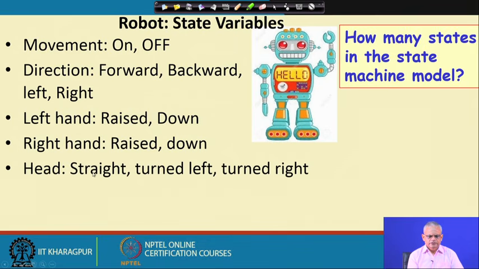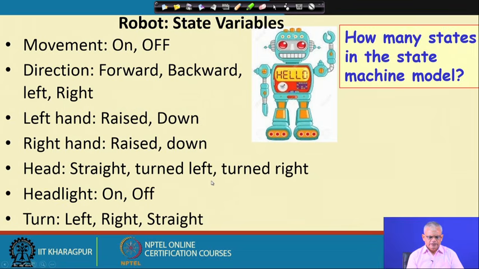Similarly, we will have head straight or turned left or turned right. We can have the headlight turned on and off, and we can have the turn left, right or straight. So, it may be proceeding straight or it may be turning to left or right.